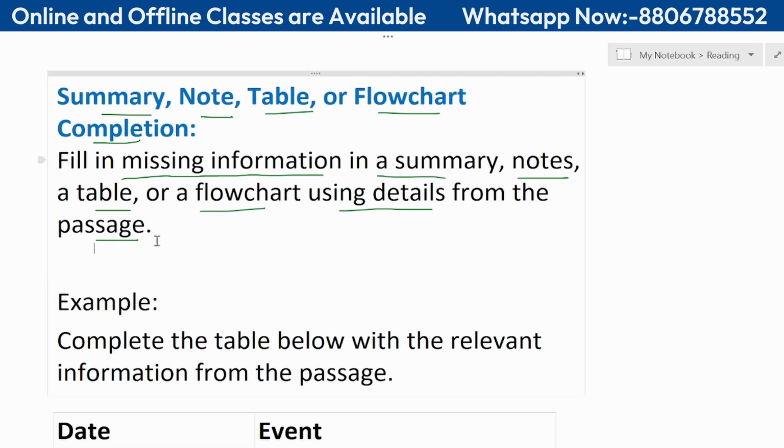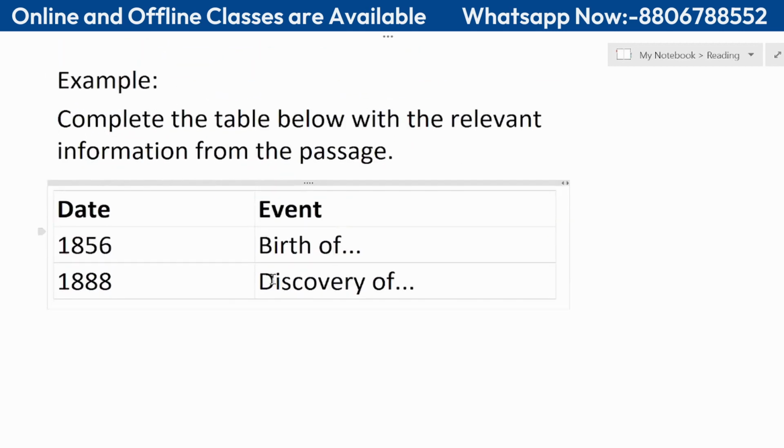For example, an example is given here in relation to a table. Complete the table below with the relevant information from the passage. So here there is a table form. There is one column, date, and another column, event. So the date is mentioned, and you have to complete the event. So in 1856, the birth of dash. So you need to complete the same by using words in the passage.